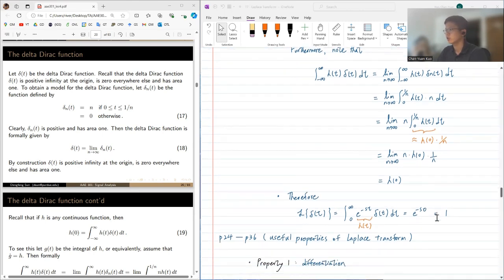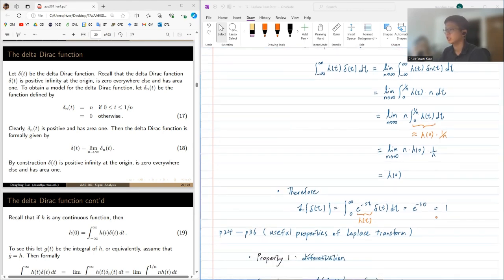And now I'm going to show you how you can apply this property to derive the Laplace transform of the delta function. So first, by definition, the Laplace transform of the delta function will equal the integral of e to the negative st times delta t, from 0 to infinity with respect to t.